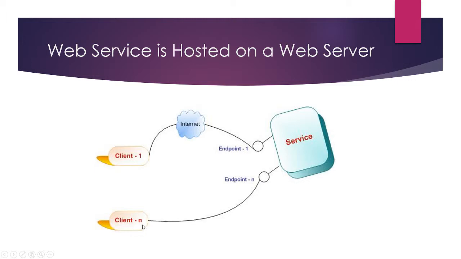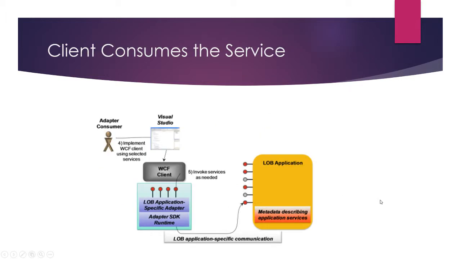Another client N might connect directly through our local intranet, and connect again to another endpoint or that same endpoint. So our service definition decides what's going to be available and exposed as connection points.